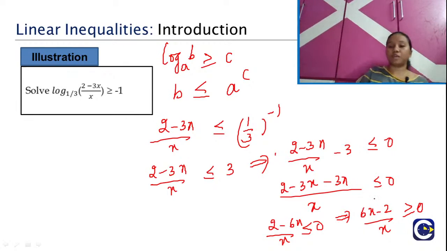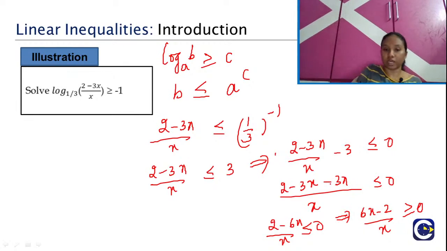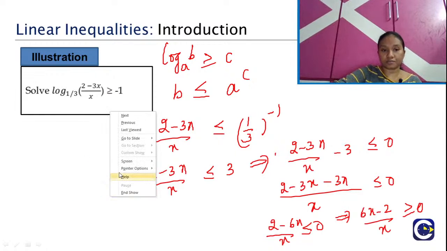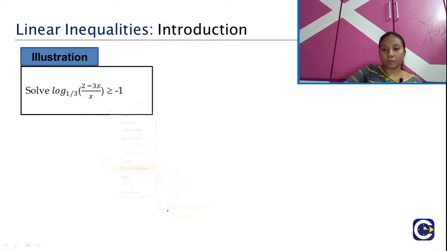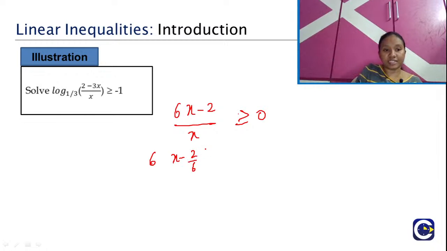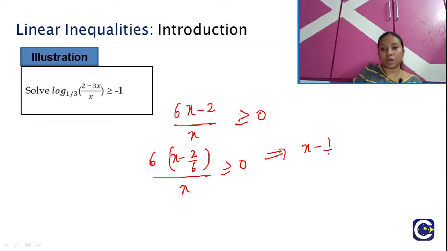But I have to make the coefficient of x equal to 1, so I'll take 6 common. So far we have the simplified (6x minus 2) by x greater than or equal to 0. Taking 6 common, (x minus 2 by 6) by x greater than or equal to 0, which implies (x minus 1 by 3) by x greater than or equal to 0.